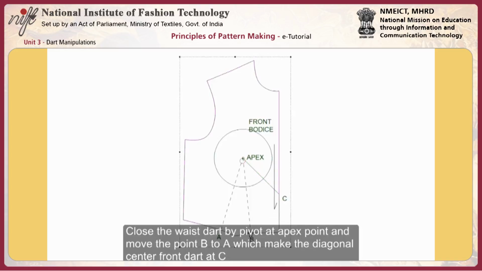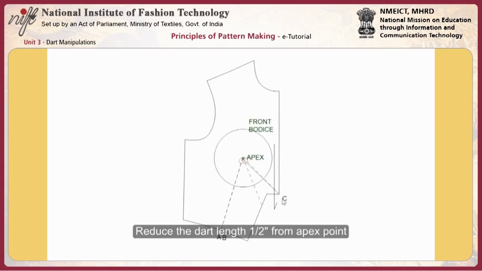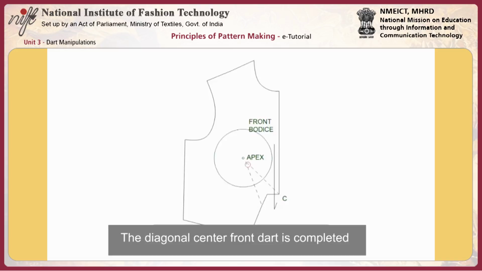Close the waist dart by pivot at apex point and move the point B to A, which makes the diagonal center front dart at C. Reduce the dart length half an inch from apex point. Diagonal center front dart completed.